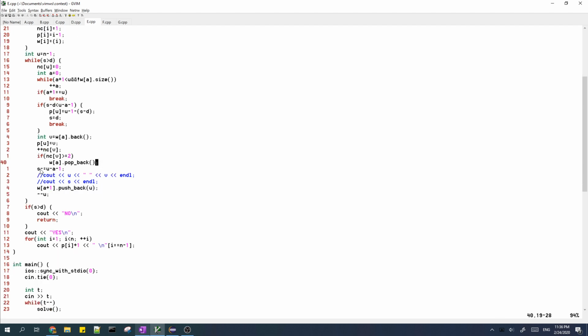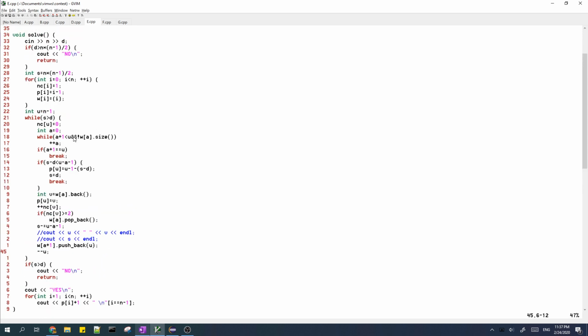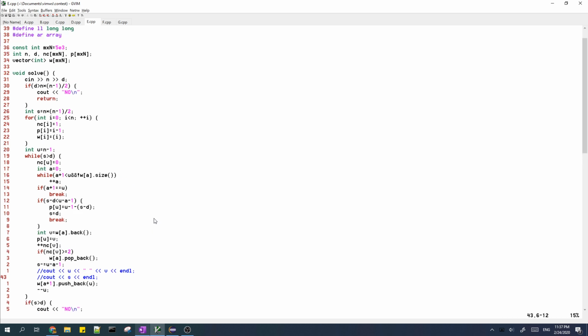And then we decrease the sum, and then we make u available to have children. But then we move on to the next node. Yeah, so that's basically it.